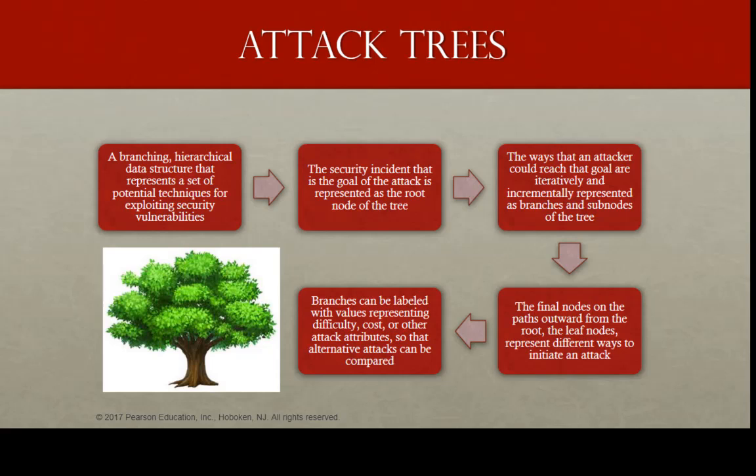And for an OR node, at least one of the subgoals must be achieved. Branches can be labeled with values representing difficulty, cost, or other attack attributes, so that alternative attacks can be compared.